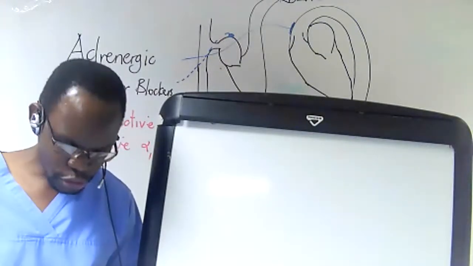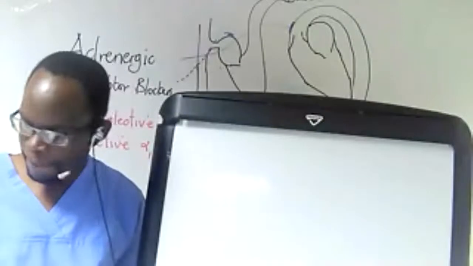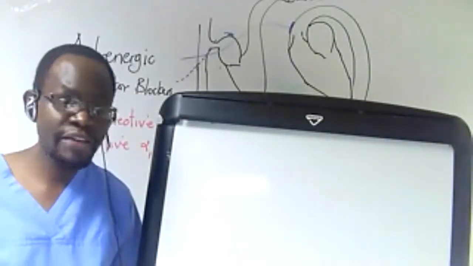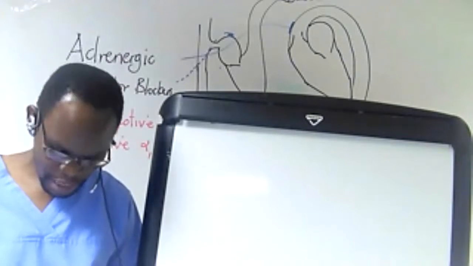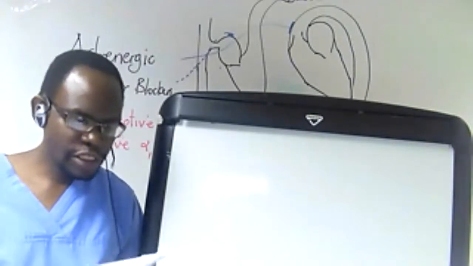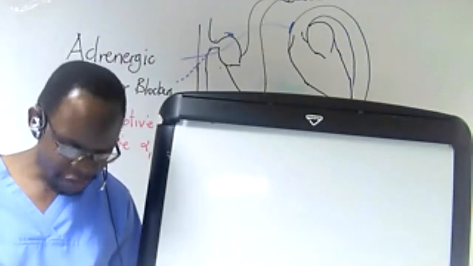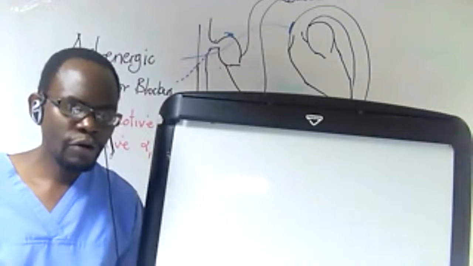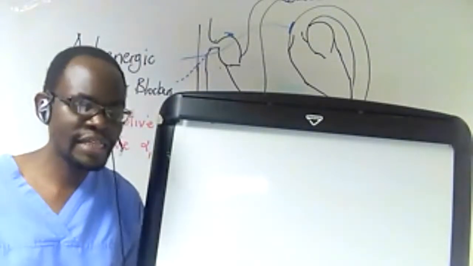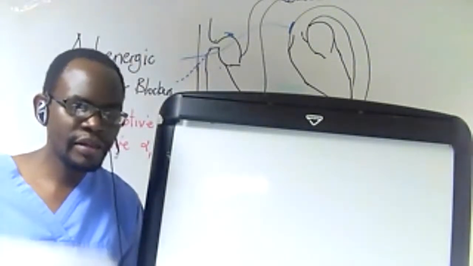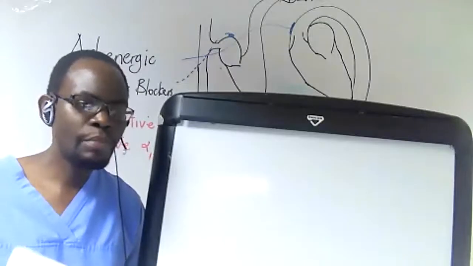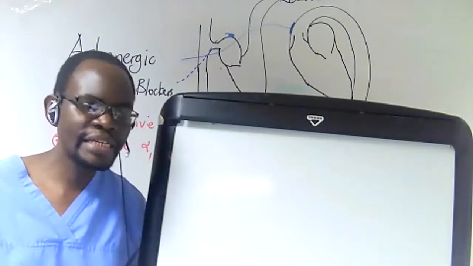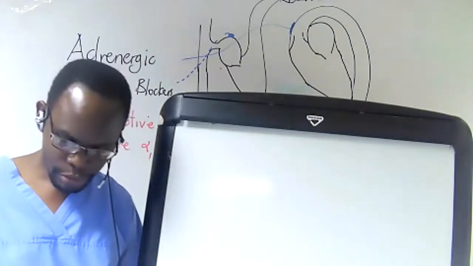Then we also talked about the adrenergic receptor blockers, which were divided into the alpha blockers, selective and non-selective, and then the beta blockers. Of course, for beta blockers, you have selective, non-selective, and mixed blockers.